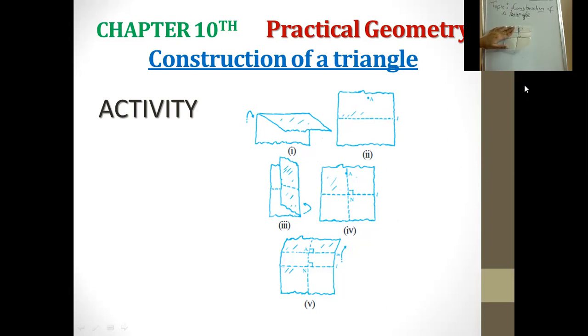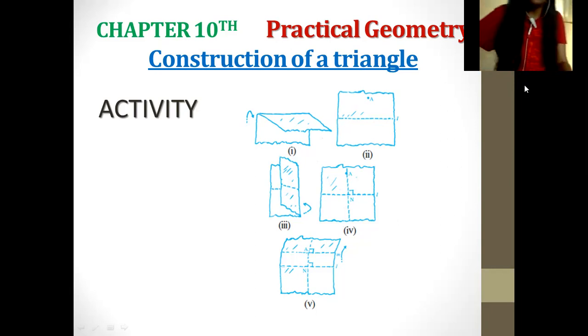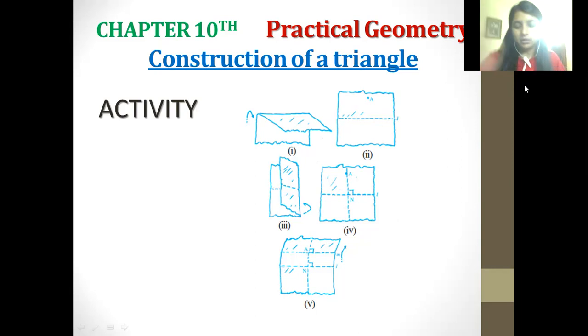So this is how we can observe that triangles are obtained by doing this activity. This is how we can construct a triangle on the paper. So this is the way of constructing a triangle.